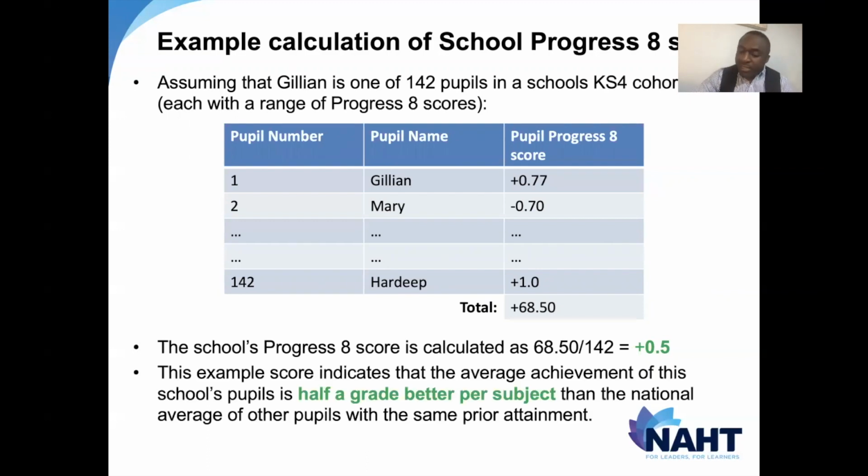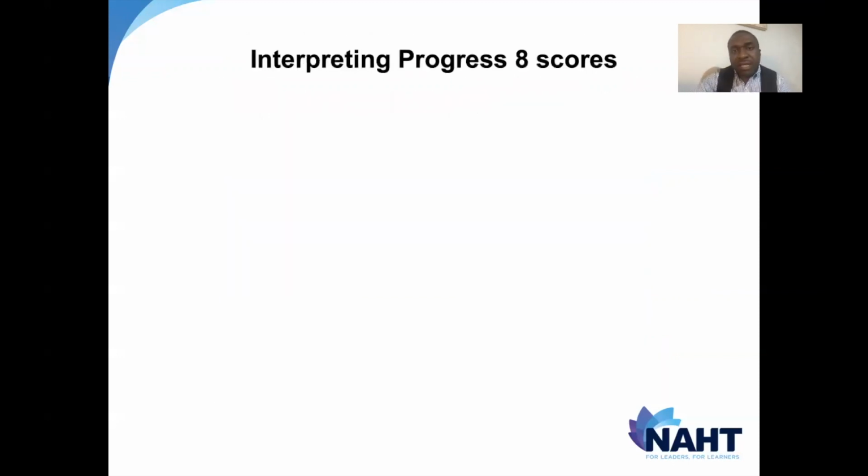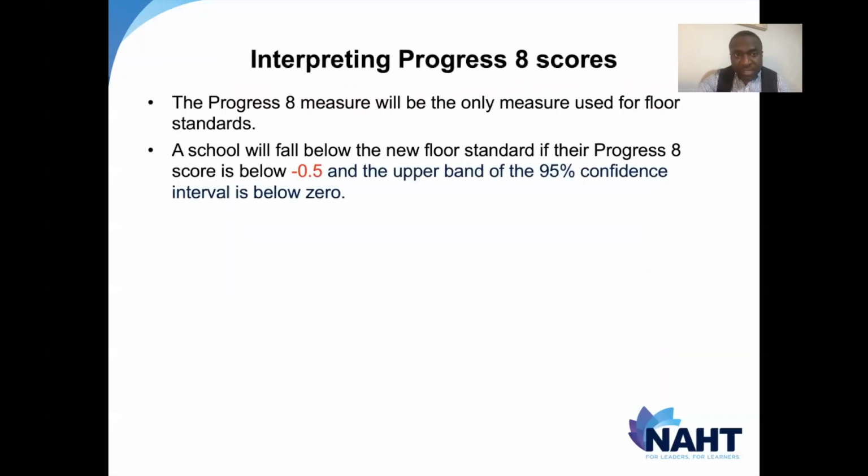Now, that's so important, but where does this matter for teachers? For teachers, the national standard basically is negative 0.5. So if your school goes below the negative 0.5 confidence level, you should be expecting Ofsted, some kind of inspection.